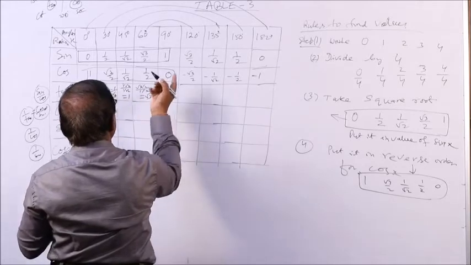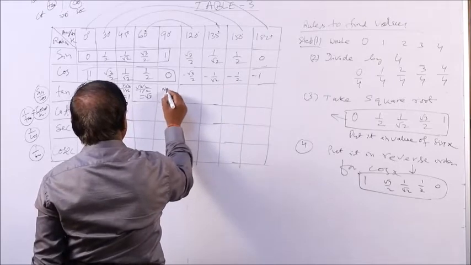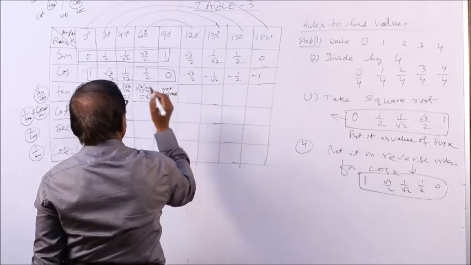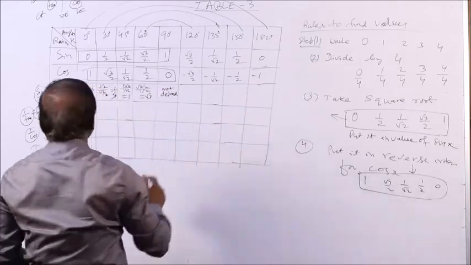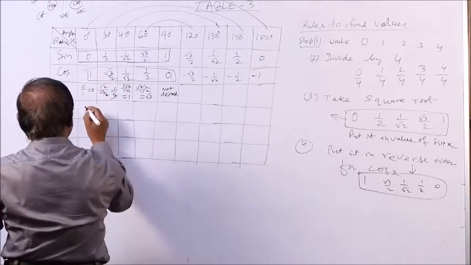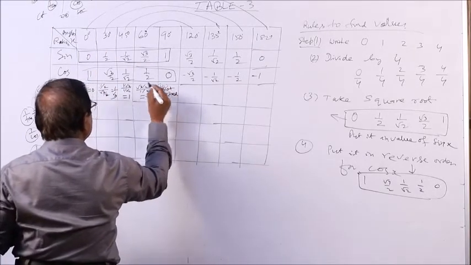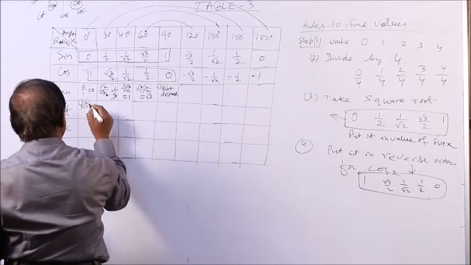Root 3. This is not defined because 1 by 0 is not defined, and the rest you can fill up these values. Here cot is cos by sine, this is 1 by 0, not defined.